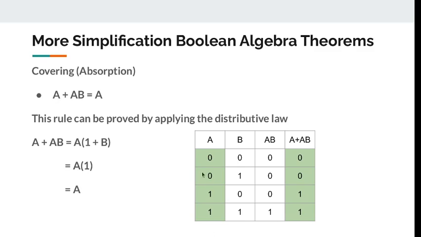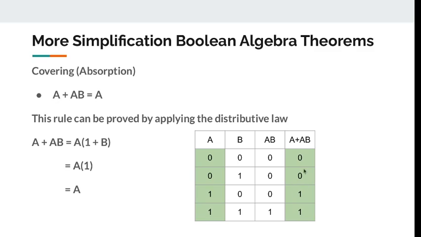And if you go to the truth table, we have A here, and we have B, and we have A and B. So A and B is 0 and 0 is 0, 0 and 1 is 0, 1 and 0 is 0, 1 and 1 is 1. And if we apply the OR, A or A and B, so 0 or 0 is 0, 0 or 0 is 0, 1 or 0 is 1, and 1 or 1 is 1.